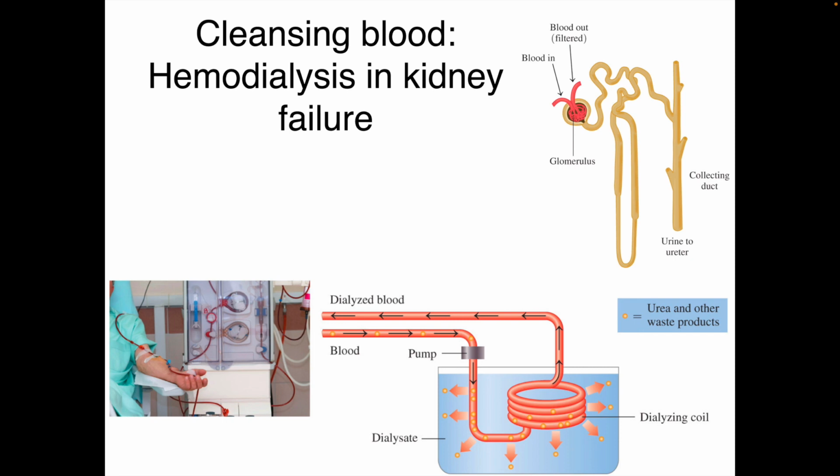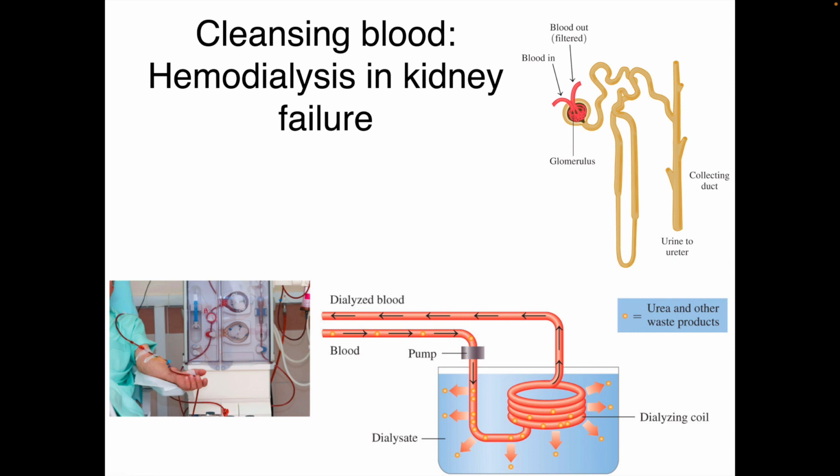So these waste particles like amino acids, glucose, urea, etc., will move through these membranes outside of your blood where it's highly concentrated, into these other compartments that have less concentration of those things. So that's why it's called dialysis. And eventually they move along, and we will remove them from our body by peeing them out.